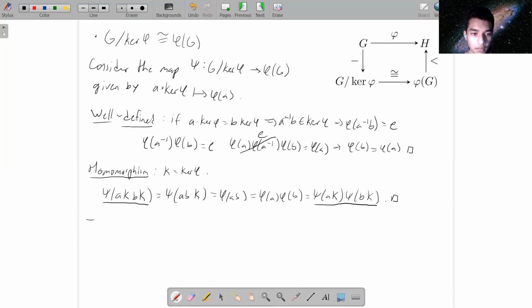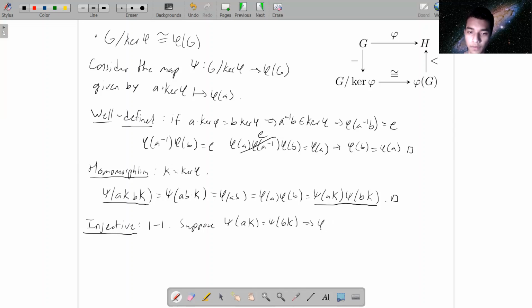All right, now I show that this homomorphism is injective, also known as one-to-one. So to this end, suppose psi of AK equals psi of BK.